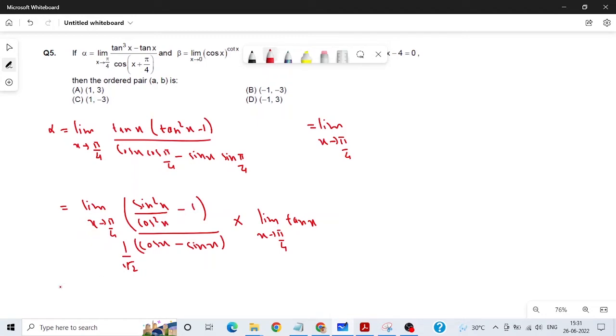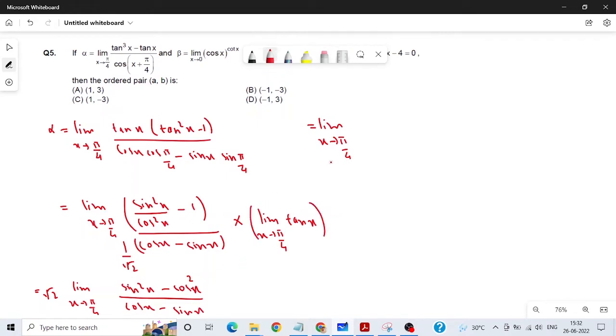So now we are left with the limit of x tends to pi by 4, and by cross multiplying, we get sin square x minus cos square x upon cos square x, and we take this square root of 2 in the numerator. So this is square root of 2. Then in the denominator we have cos x minus sin x.